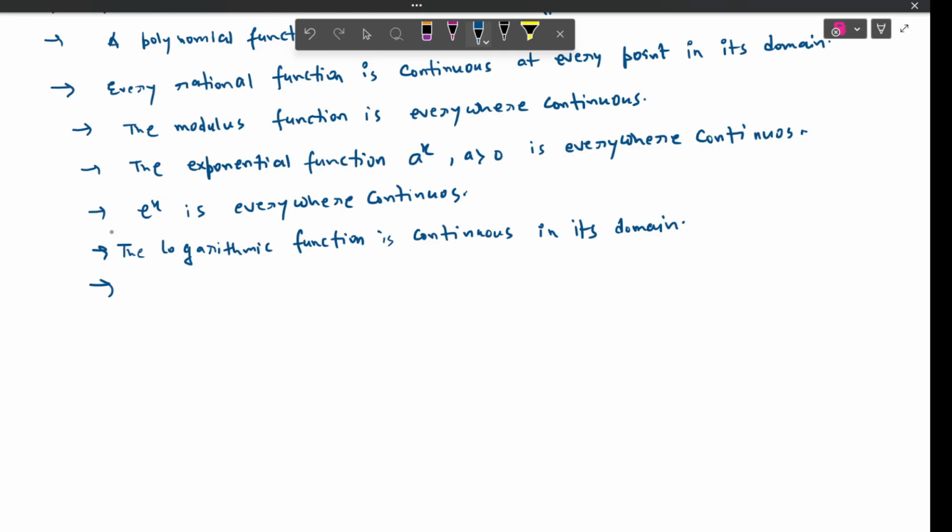Sine, cosine, tangent, okay, sec, cosec, all of them are continuous. But sine and cosine functions are everywhere continuous.